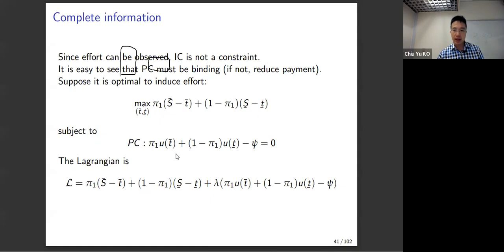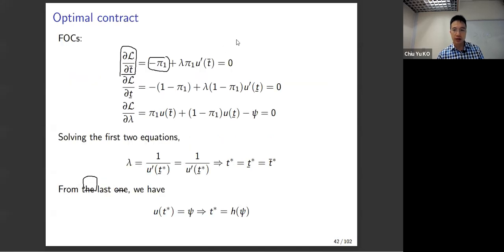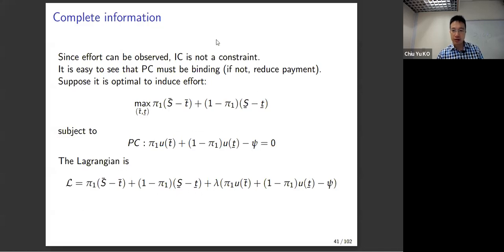Because you pay more for the good outcome, your profit will reduce by pi 1 times this one, right? And similarly, you get less for this one. But what's the gain for doing that, right? The gain from doing that, look at this one, right?